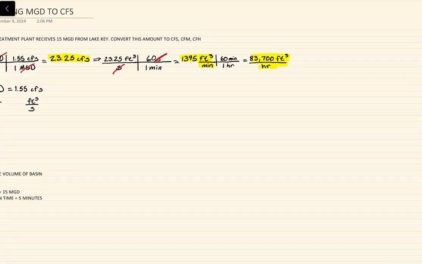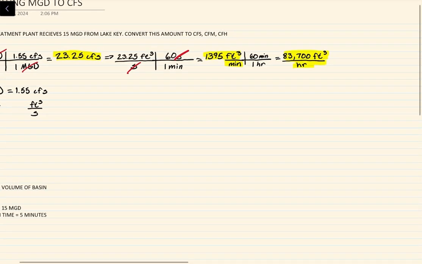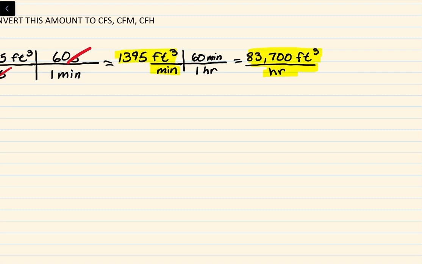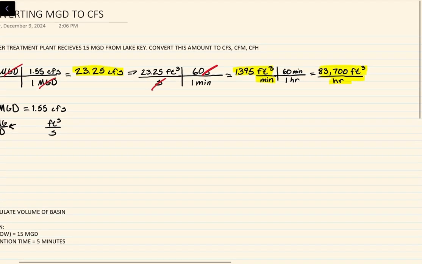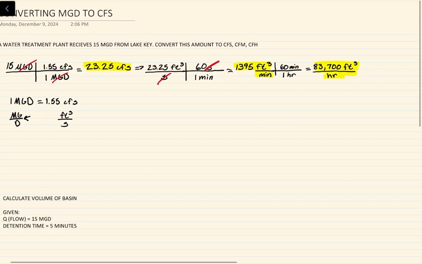So if you look at the numbers, you see they're increasing, which makes sense because if we're converting seconds to minutes, you're gonna have more caught in that minute compared to the second. And it does the same thing when you're going feet cubed per minute to feet cubed per hour, it increases because you're catching more in that hour. So logically, our answers make sense.